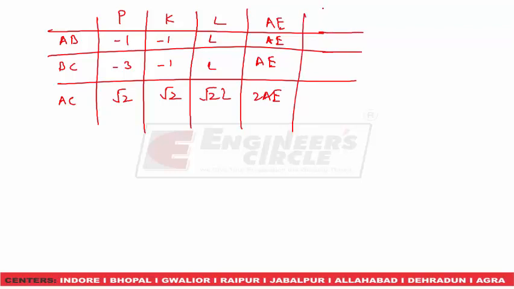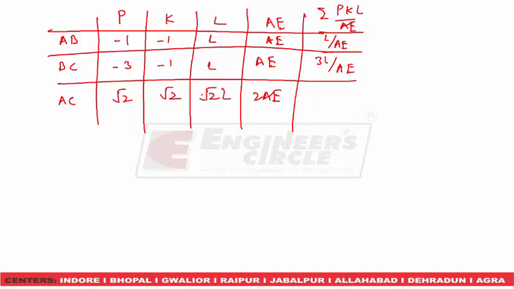According to the virtual load method, we have to find the summation of PKL by AE. For AB it comes out to be minus 1 into L by AE. For BC, minus 3 into minus 1 is 3, so it is 3L by AE.